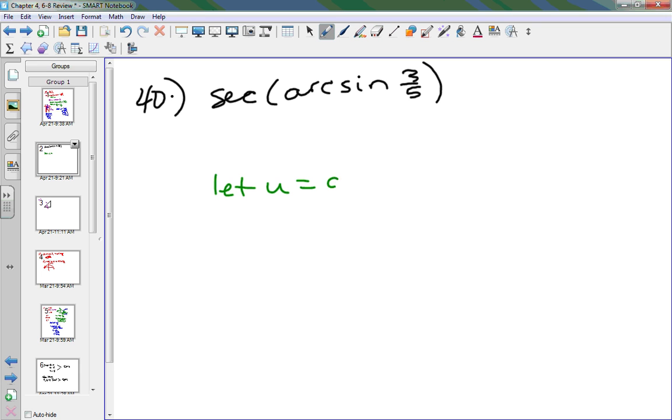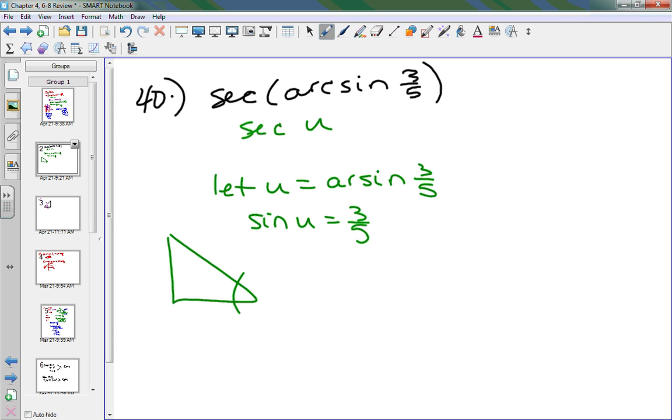Let u equal the arc sine of 3/5, which means that I'm actually doing the secant of u. So that means the sine of u is equal to 3/5. So if I draw my triangle, here's u. Sine is going to be opposite over hypotenuse. Right? So the opposite side is 3, the hypotenuse is 5. Now, how do I find my other side?